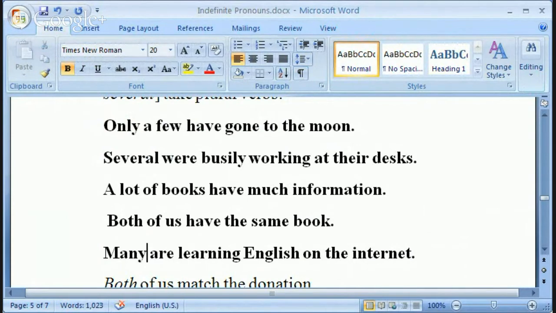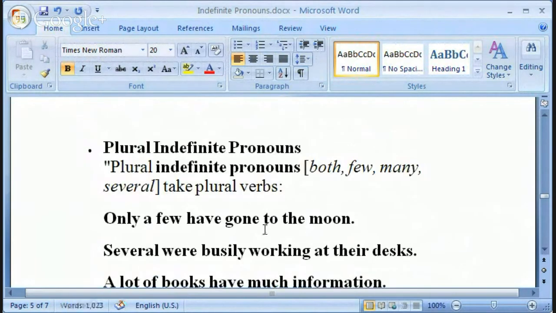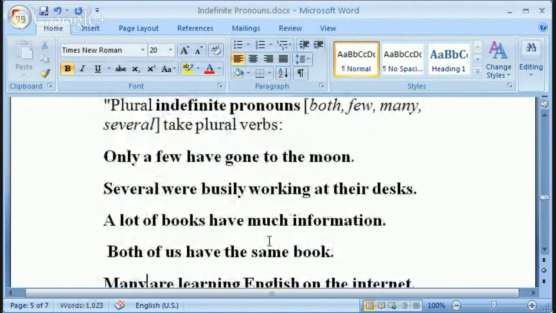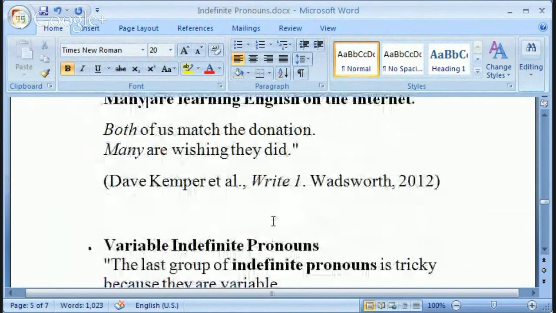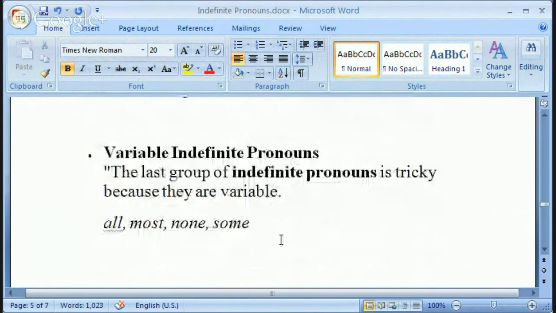Now it's an indefinite pronoun. Many are learning English on the internet. That's the idea. Now, the singular indefinite pronouns and the plural indefinite pronouns, that was actually the easy part. Believe it or not.